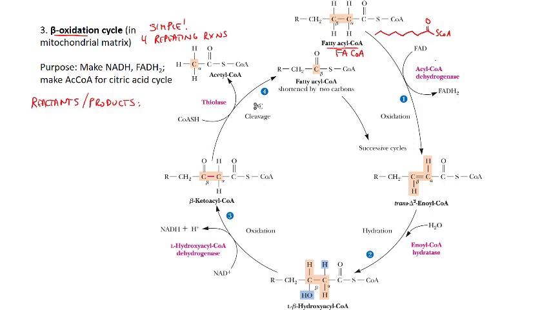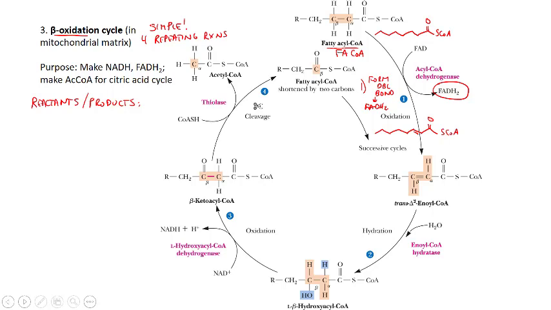And then what we're going to do is oxidize it and get FADH2. When you oxidize this, what we do is introduce a single double bond. So that's reaction 1: form double bond and get FADH2.